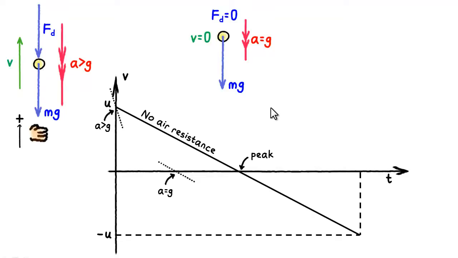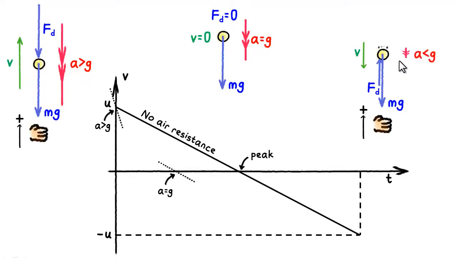After this point, the ball is going to accelerate downward. Since the ball is moving downward, the drag force caused by air resistance is going to be upward. Notice now the drag force is in the opposite direction to the gravitational pull. This will result in a net force that is less than mg, and so this will result in an acceleration that's less than g.